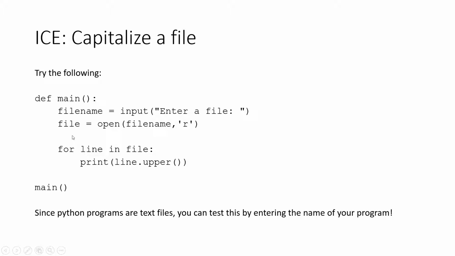Now what this does is we create a reference to that file, and then we can use a for loop to iterate through each line in the file and print out that line in all uppercase characters by using the upper function. Now, since Python programs are text files, you can actually test this program by entering the name of whatever you save this file as the file name, and it will print out this exact file in all uppercase characters.